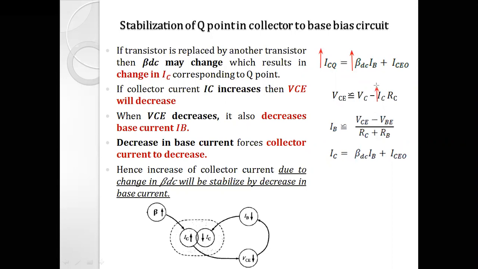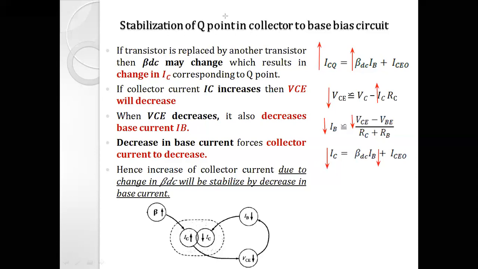If IC increases, then VCE decreases, because ICRC is negative. If this term ICRC increases, the result of VCC minus ICRC reduces, that is, VCE decreases. If VCE decreases, that means IB decreases, and if IB decreases, then ultimately IC decreases.